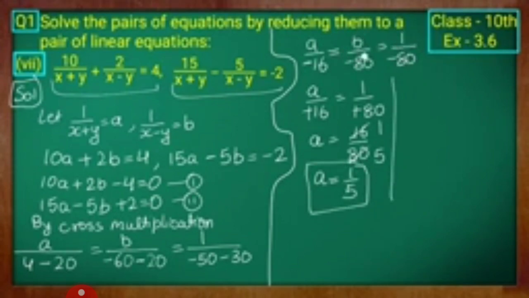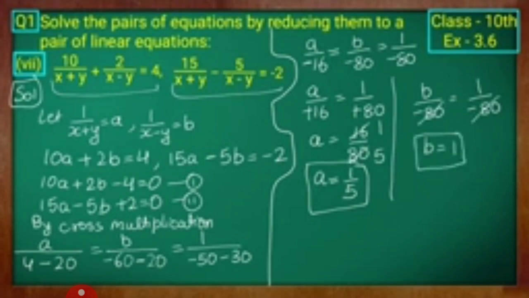For b, take the second and last term. So b upon minus 80 is equal to 1 upon minus 80. So minus 80 is cancelled from both sides, so b will be only 1. So now we have the value of a and b: a is 1 upon 5, b is 1.